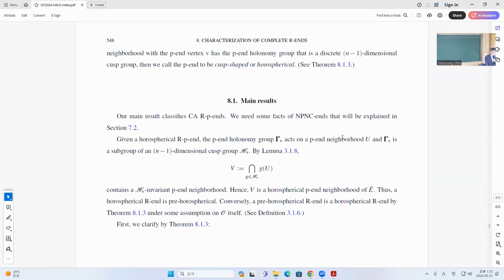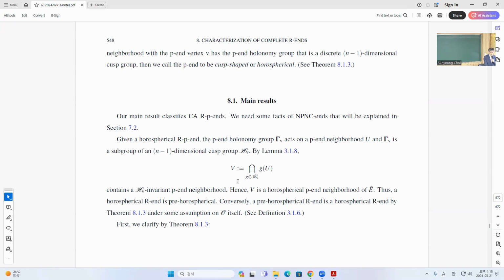And now we want to classify the complete affine Rn. Whenever you have a horospherical Rn, the fundamental group of the end acts on the end neighborhood, and gamma P is a subgroup of the n plus one dimensional cusp group. Maybe I should include some finite extension of that.